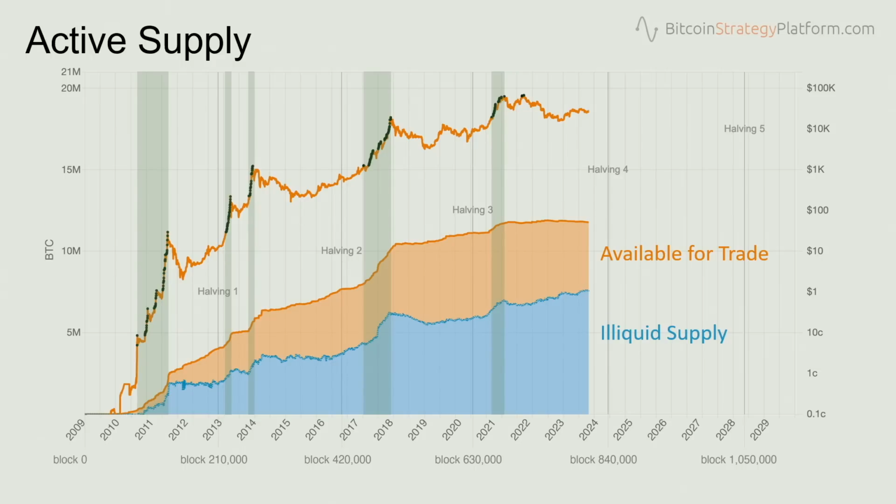Now, after the bull run is over and we go into a bear market, these new people that came into the space are very sensitive to price action, and they sell some coins, and those coins become more liquid. But during that whole phase, we can see that the trend of illiquid supply is actually a linear trend. We keep on going.